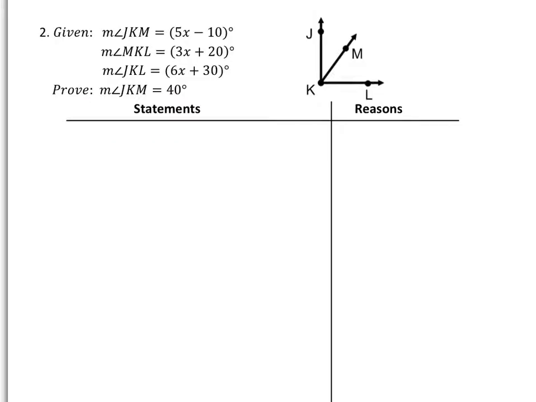Okay, let's go through the second one of our substitution worksheet. So we know we write down the given first. Once again, excuse my penmanship on the iPad. Even though I have this nice stylus, it really just looks bad when I write on here.